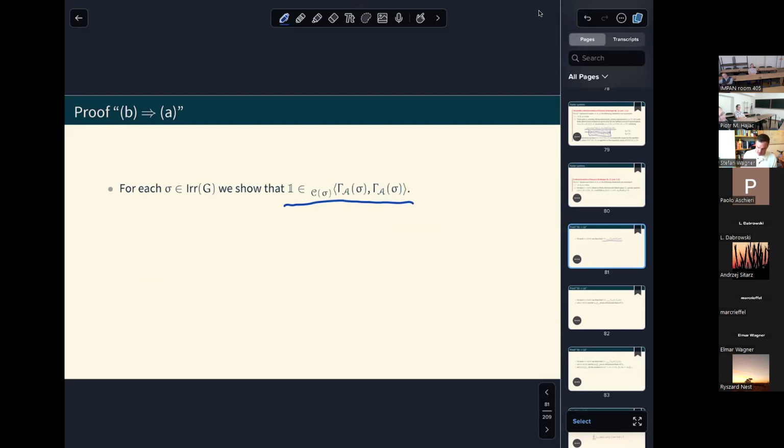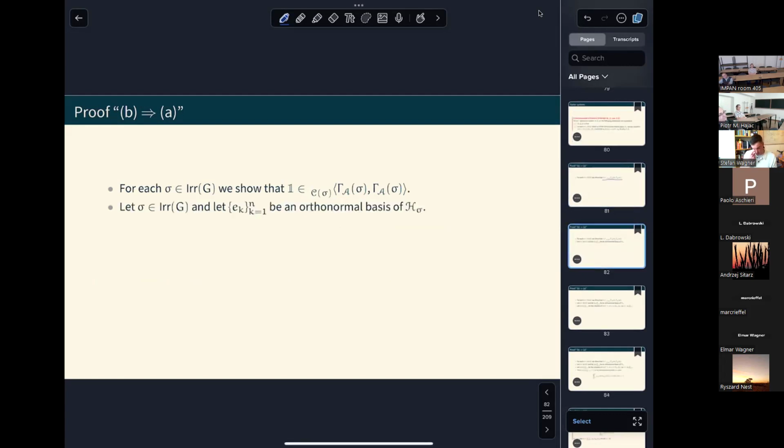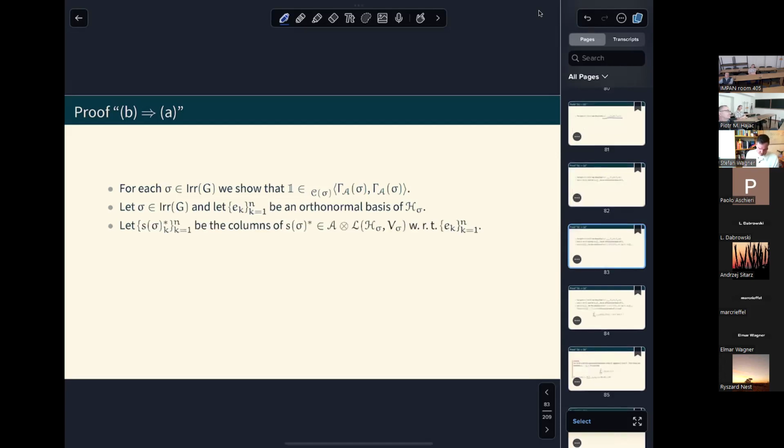All right, you take any irreducible representation, and then you take an orthonormal basis of the Hilbert space A sigma. If you take the star, only the spaces switch.